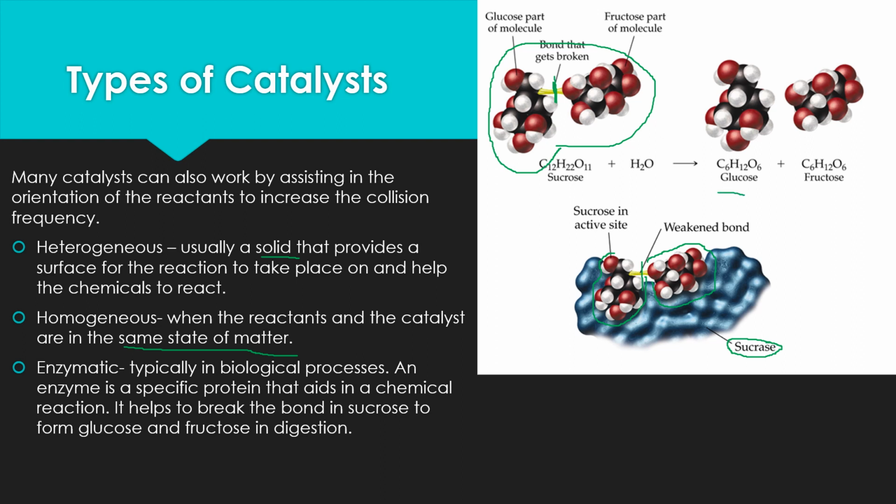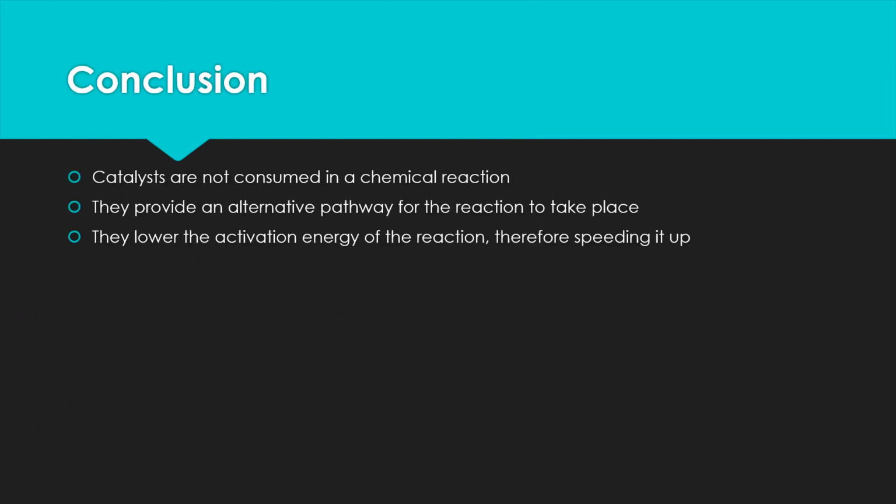Then we get that glucose and fructose. Where the enzyme accepts the molecule is called its active site, and it's kind of like puzzle pieces fitting in. So we have lots of enzymes in our body, and they do different jobs. This one helps us digest sucrose by breaking it down. But there are lots of jobs of different catalysts in our bodies that are enzymes.